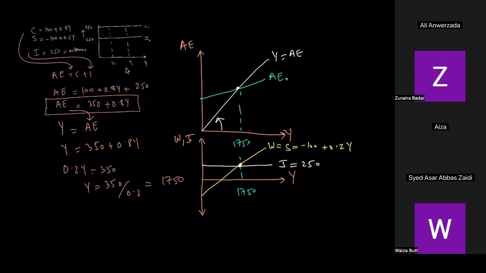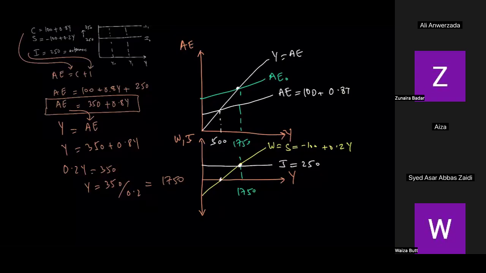From our discussion, number one. Number two, we also said this, that previously when your AE was 100 plus 0.8Y, right? When your AE was 100 plus 0.8Y, our equilibrium was happening at 500. Okay.